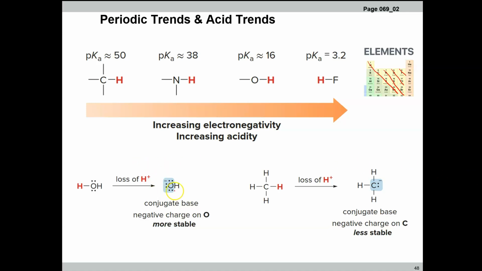So if we have an OH minus, this is a more stable conjugate base because that oxygen is more electronegative than the carbon. So the stability of the conjugate base is also an important part of determining if something is a good acid or not.